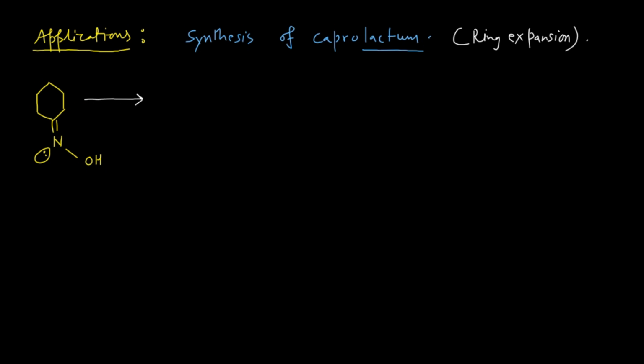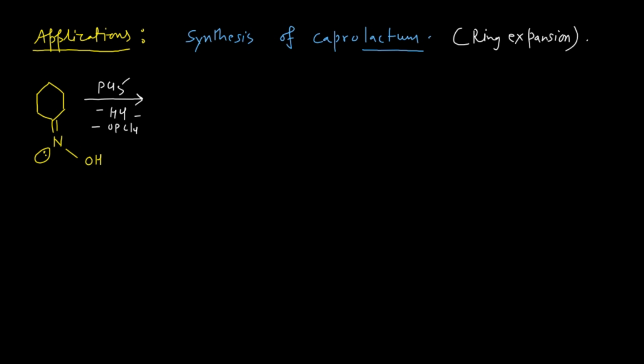So in that case, say again I take PCl5. I am not going into the mechanism. Now you know your HCl will be removed from here and your OPCl4 negative from here, okay?